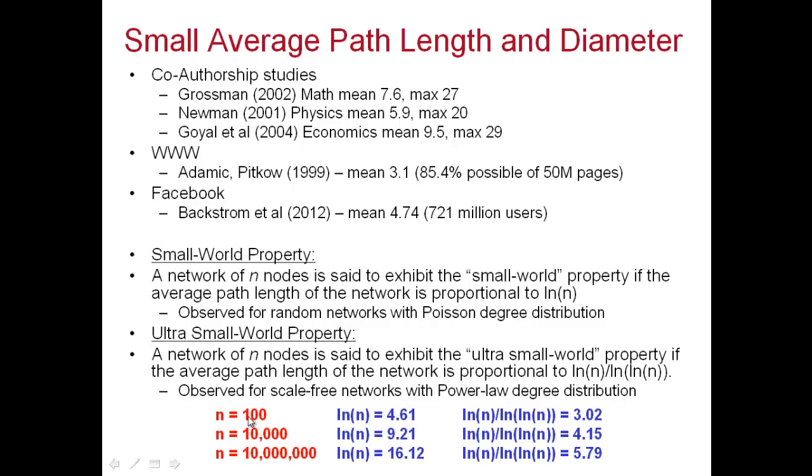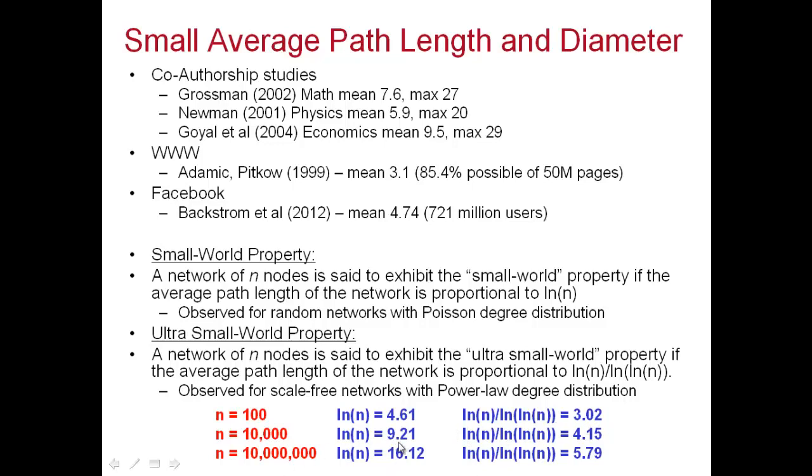So if n is 100, log n is 4.61. Log n divided by log of log n is 4.61 divided by log of 4.61, and that comes out to be say 3.02. For n is 10,000, log n is 9.21 divided by log of 9.21, which is like 4.15.